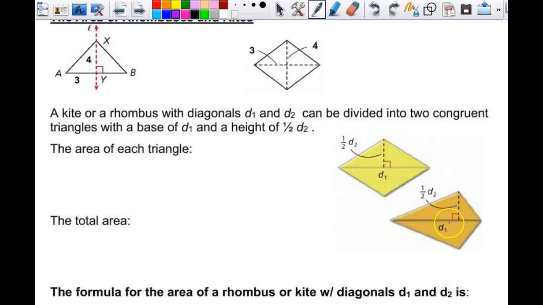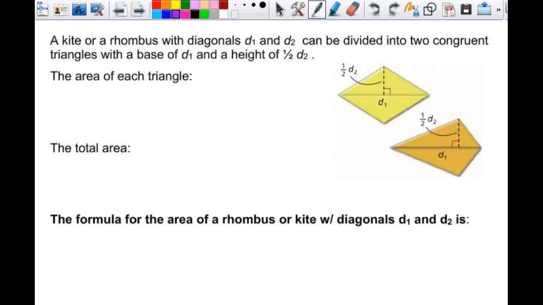So if I just look at this top triangle here for both of them, these two triangles are congruent, and these two triangles are congruent. Once I find the area of that triangle, what do I have to do then? Just multiply by 2.